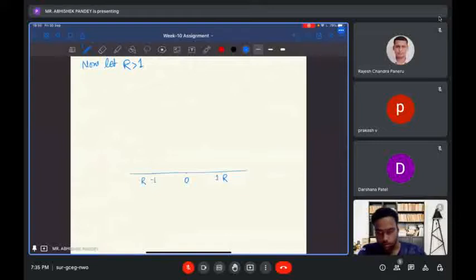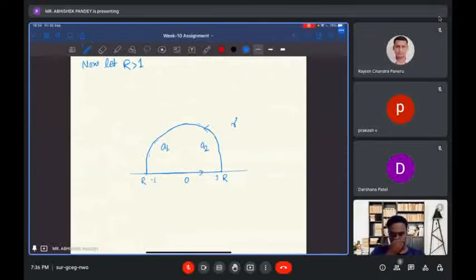Now construct the half circle, and you call it gamma. So a1 and a2 will be somewhere here.